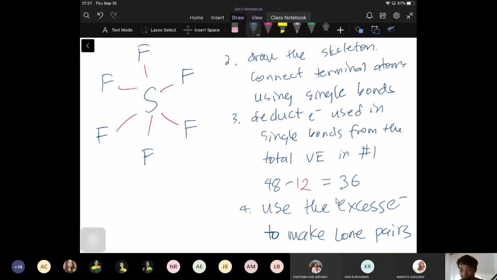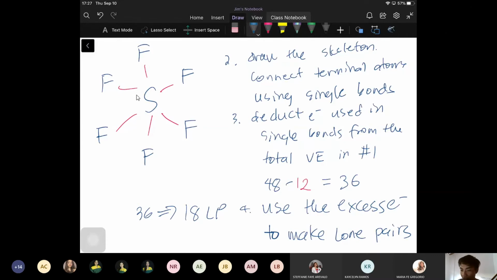Okay, so I have 36 excess electrons, diba? Ilang lone pairs kaya ko gawin dyan? Divided by 2, 18 lone pairs na. So, that means I will have 18 lone pairs and I will distribute them dito sa terminal atoms. Okay? So, again, saan tayo mag-start maglagay ng lone pairs? Terminal atoms first, na. Make sure you follow the octet of the terminal.